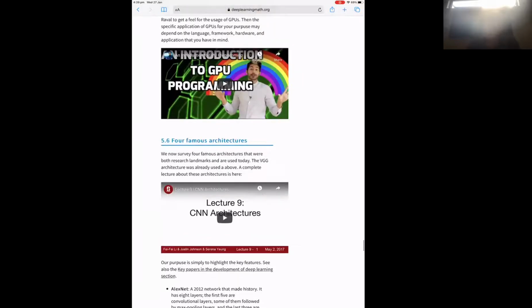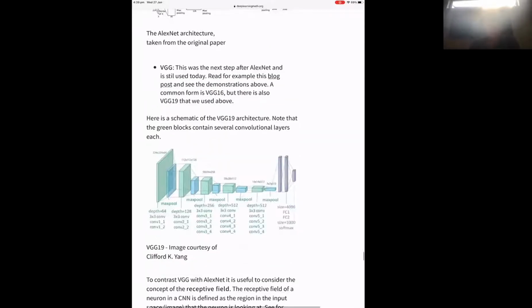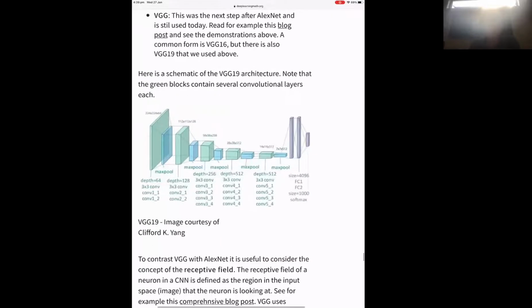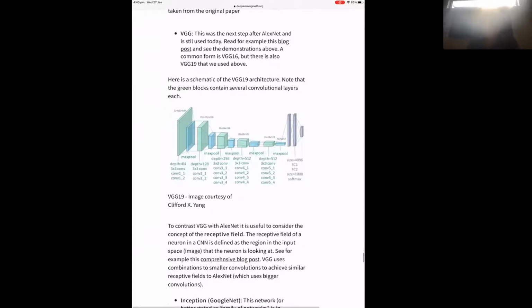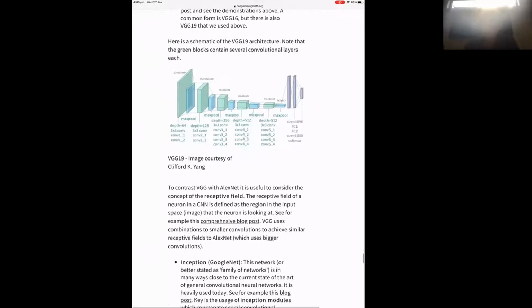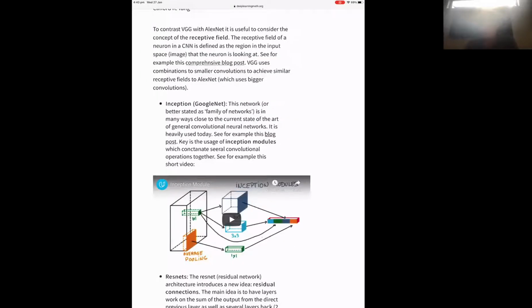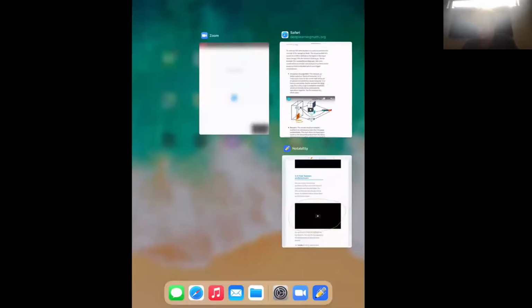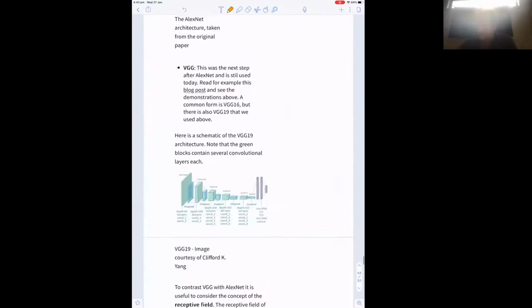Okay, this is an illustration of VGG. Now this is a chance for us to just introduce some idea. It's called the receptive field. So let me actually move to this thing I can scratch on, and we'll speak for a second about the receptive field.